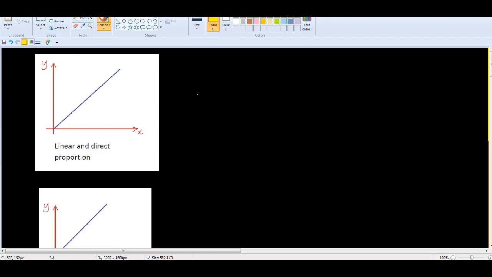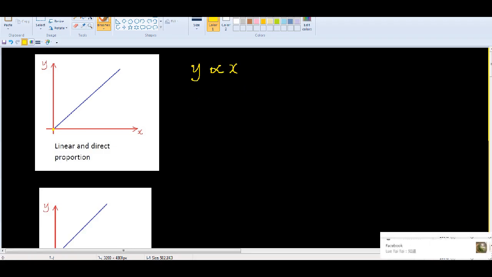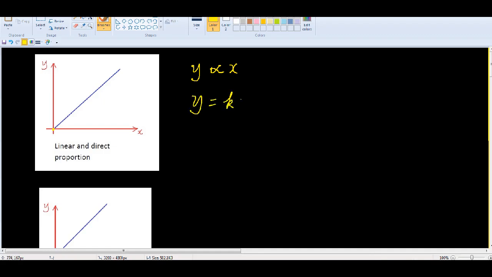We have learned that for a direct proportion, when a straight line passes through the origin, then we say y is directly proportional to x, and you could write y equals kx, where k is a constant.